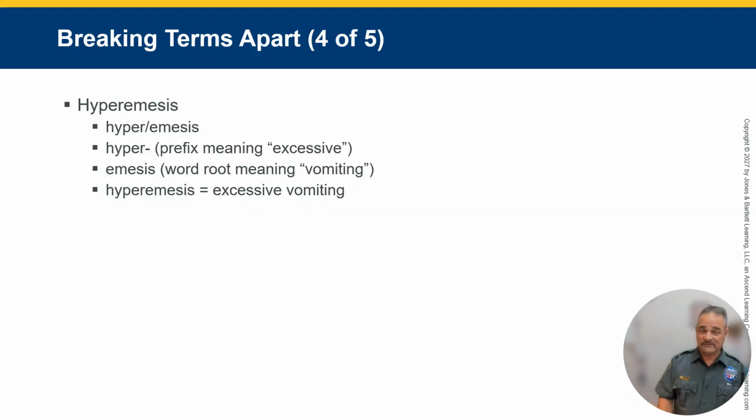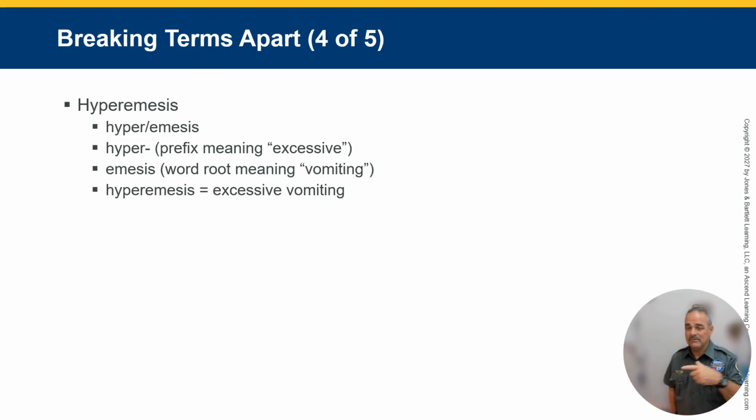Hyperemesis. So let's break it apart. Hyper is the prefix meaning excessive or too much. Emesis is the word that means vomiting. It's Latin for vomiting. So hyperemesis is excessive vomiting. Let's take another one that's hyper. Hyper, meaning excess, ventilation, which means breathing. It's the mechanical portion of breathing. So hyperventilation means that the patient is breathing too fast.